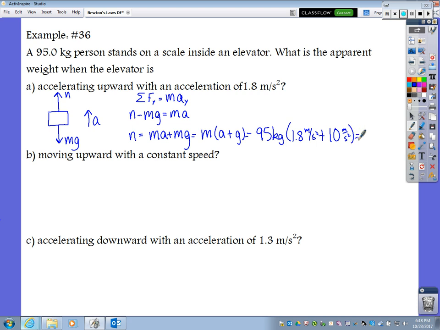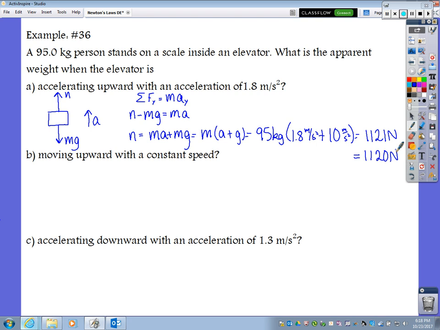So that'll be 95 kilograms times 11.8 meters per second squared. And that is 1121 newtons. Now, in this problem, we're only given 3 significant figures, so we should probably round it off to 1120 newtons.